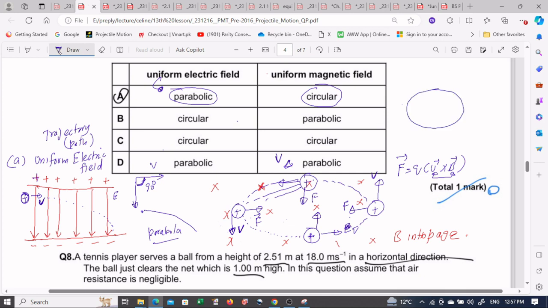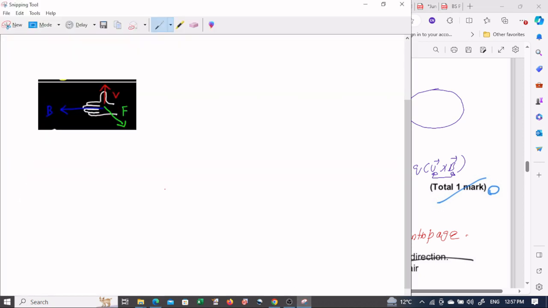First of all, I have to explain why this force is toward the inside at every point. At every point, if we draw our right hand, the thumb shows the speed, and the fingers show the direction of the magnetic field, just like that.